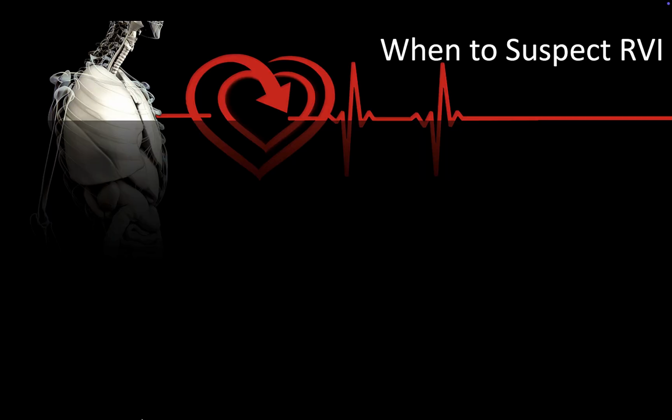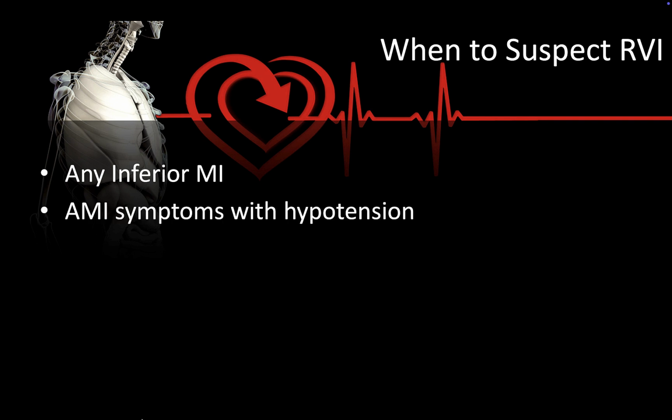So some clues that might get us thinking about a right ventricular infarct is any inferior MI. The inferior portion of the heart is primarily fed by the right coronary artery, which obviously also feeds the right ventricle. So if you have an occlusion, especially a proximal occlusion of the right coronary artery, you might have both right-sided and inferior involvement.